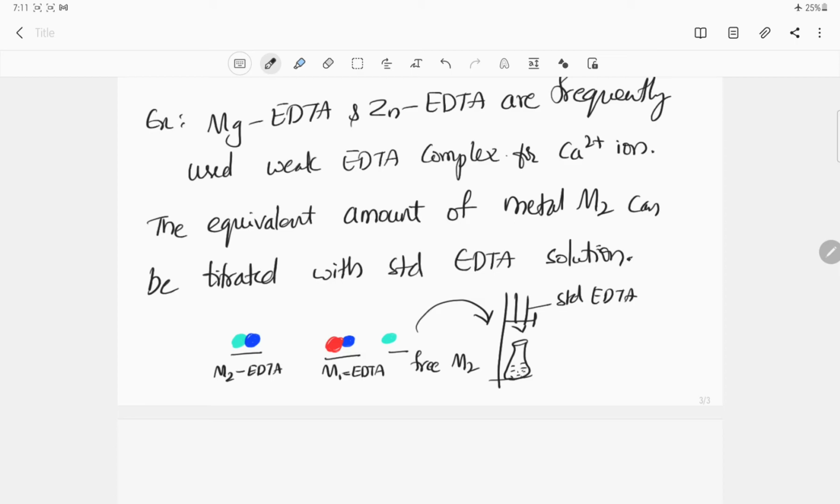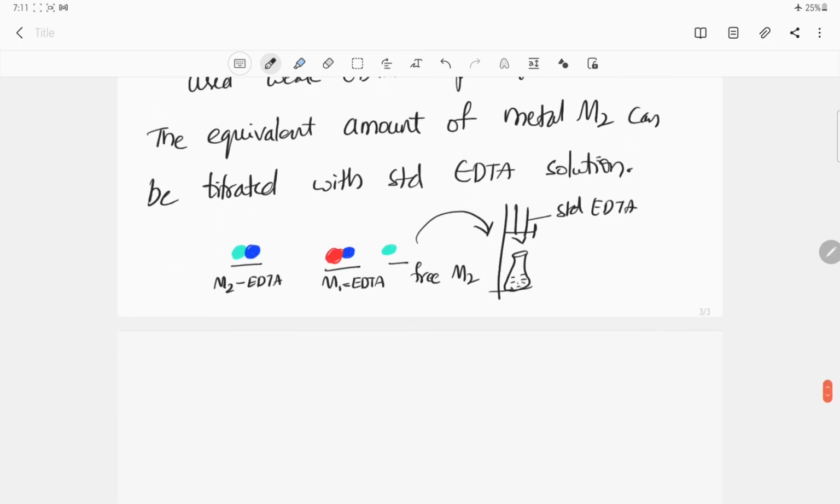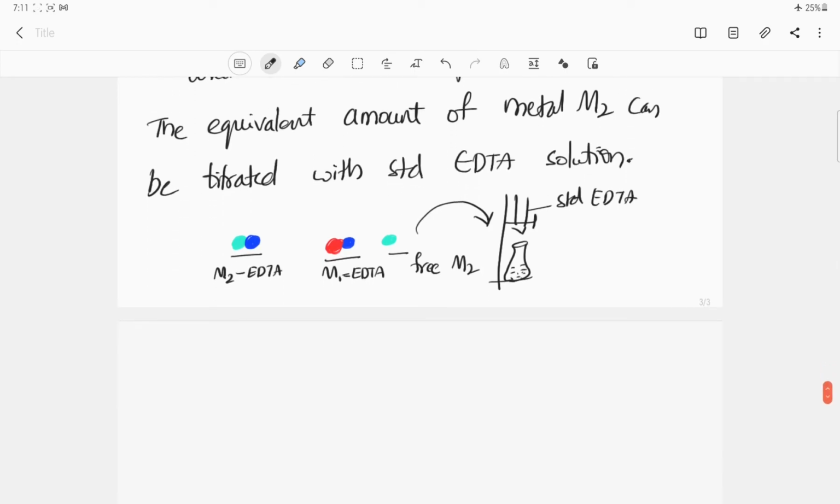So whatever volume is utilized, you will use for calculation of the amount of metal which is to be analyzed. So this is the replacement method.